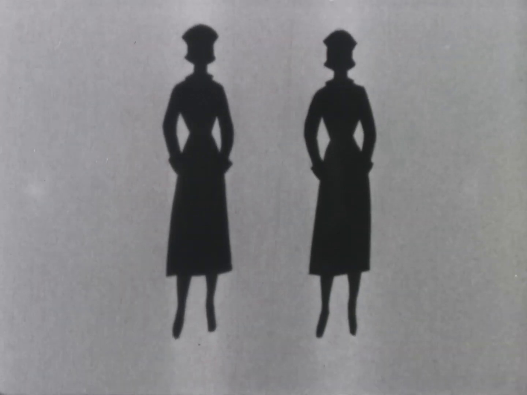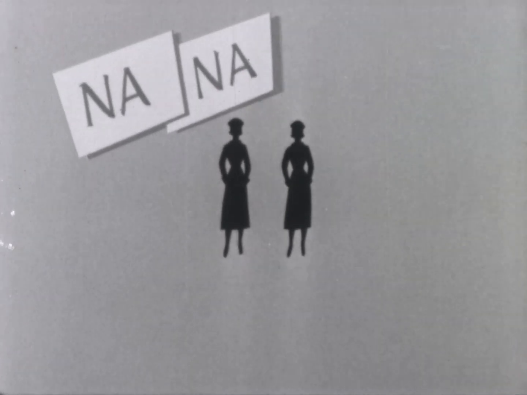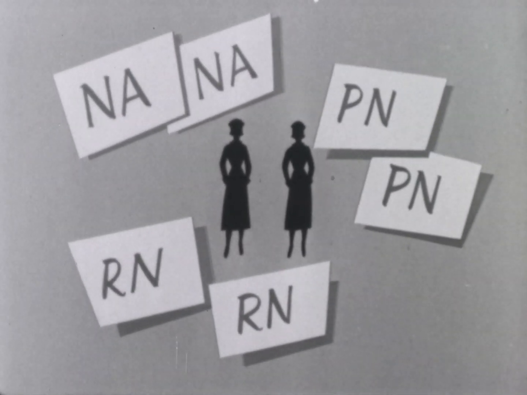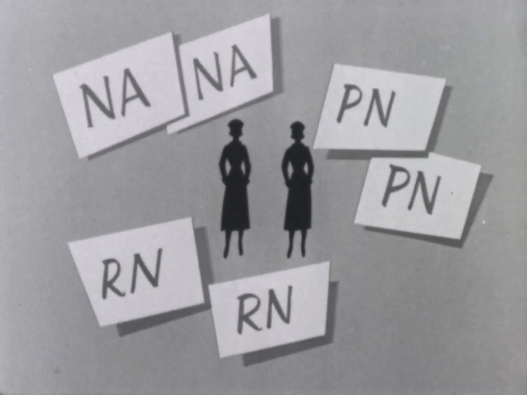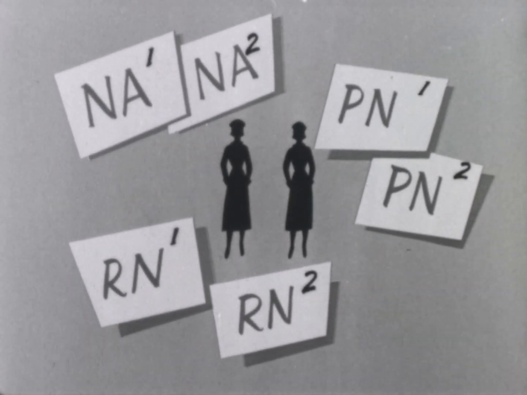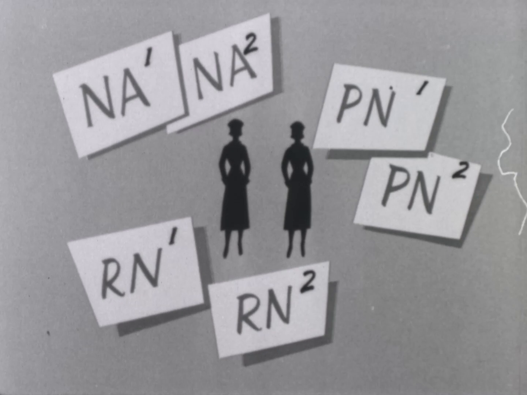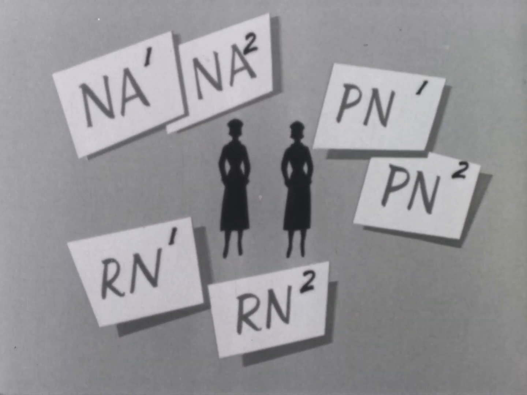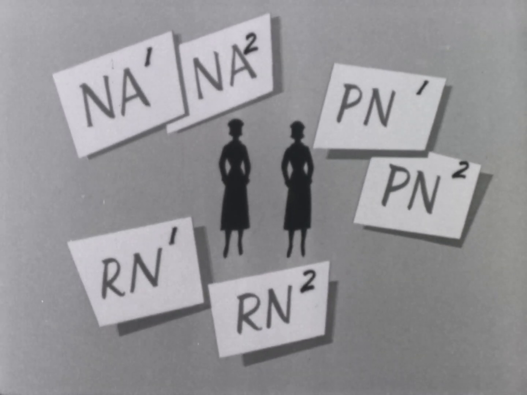When the unit employs more than one person in each category of nursing service, aides, practical nurses, professional nurses, for example, the tags are numbered to help the observer recognize which individual she is observing. All members of the nursing service in the study unit are tagged in this way.